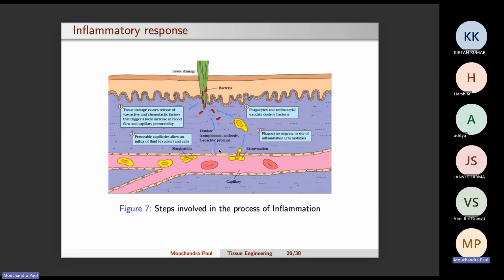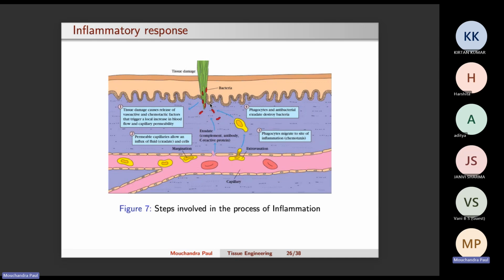Apart from the phagocytes, these gaps between the endothelial cells increase the permeability to other proteins like complement, antibody proteins, and C-reactive proteins. These are all proteins present in the serum of the blood. So they will also go and reach the site of injury.